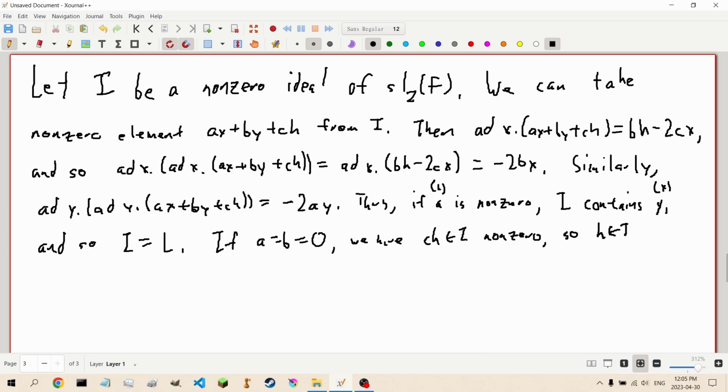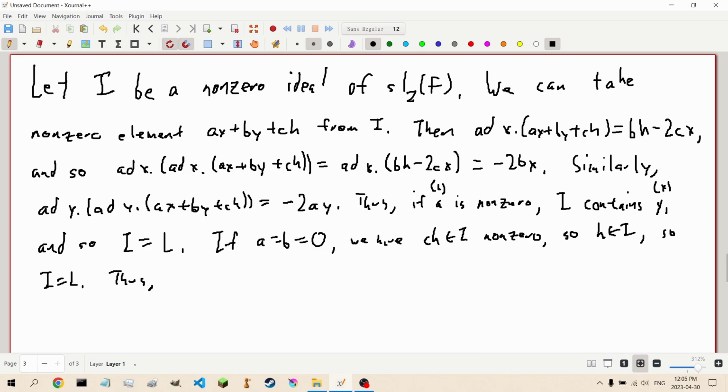So H is in I because it has to be closed under scalar multiplication. And so once again we can go through a similar process to reconstruct the other elements and get that I equals L.